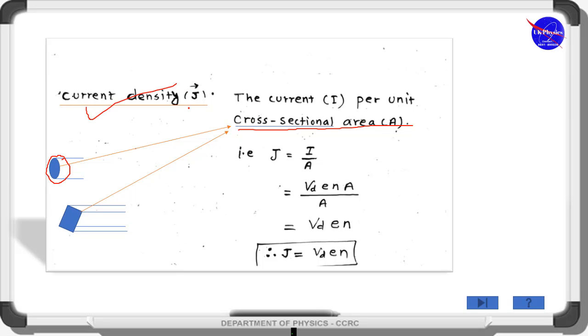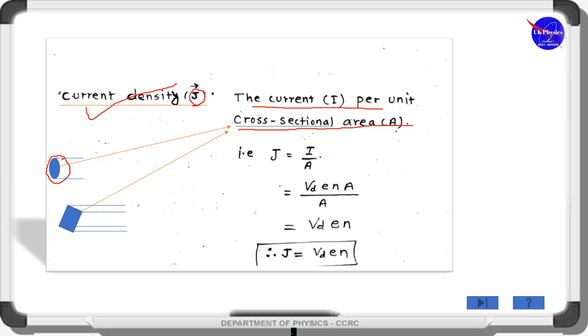Current density is simply represented by capital J, and current density is a vector, so we have a right arrowhead on the top of this. Current density simply means the current per unit cross-sectional area.